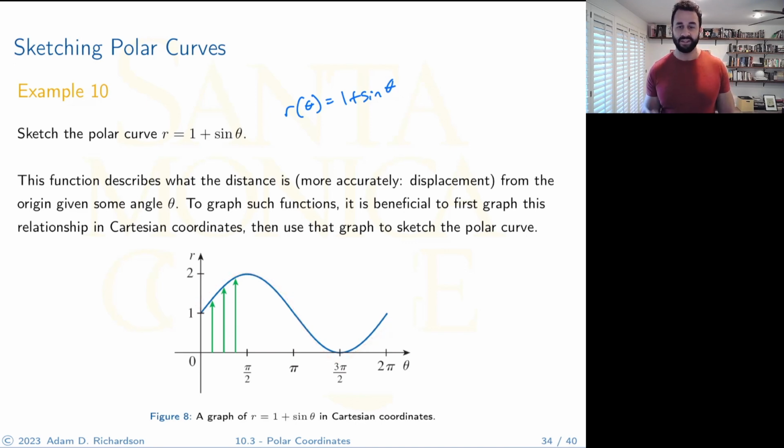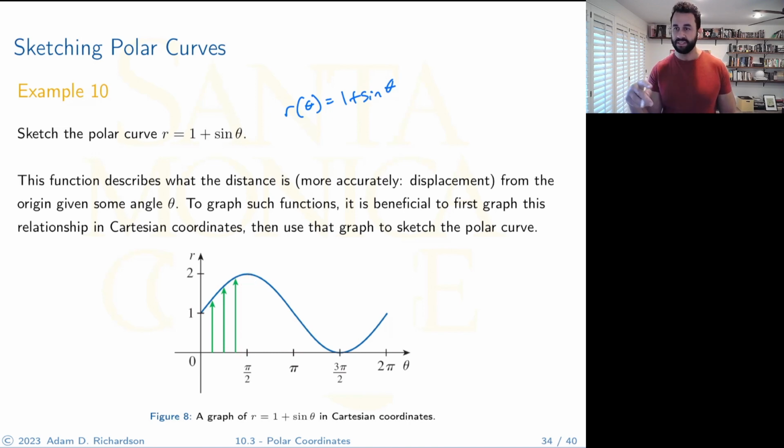What we're going to do now is look at this graph and draw the polar curve. Remember that this is the radius axis. So these green arrows are telling us exactly how far to go out at each angle. At this angle, go this far away from the pole. At this angle, go this far away from the pole.